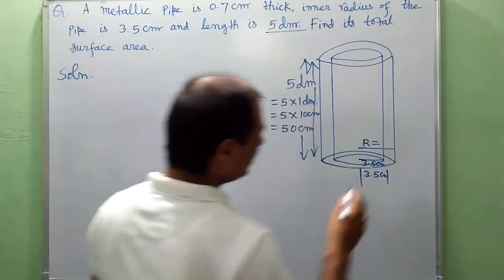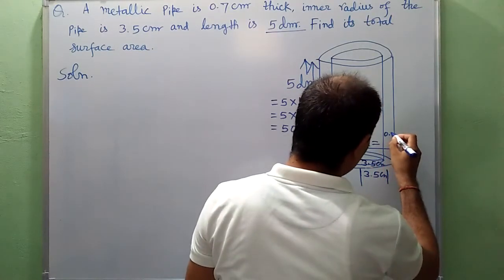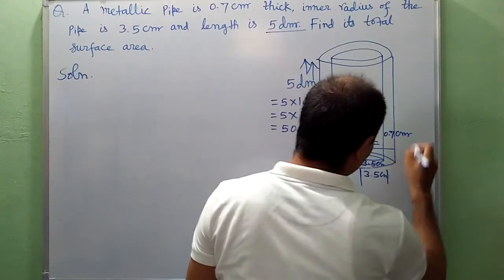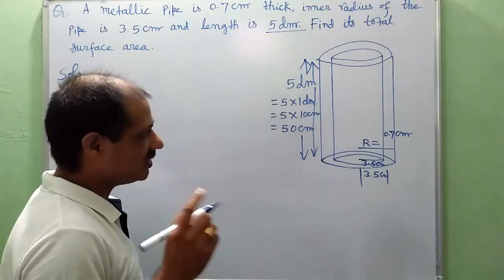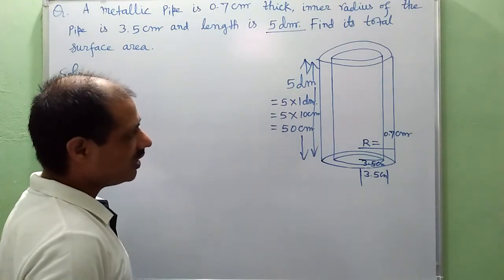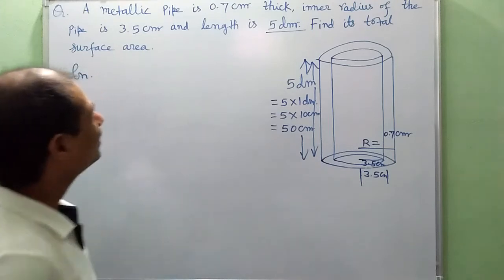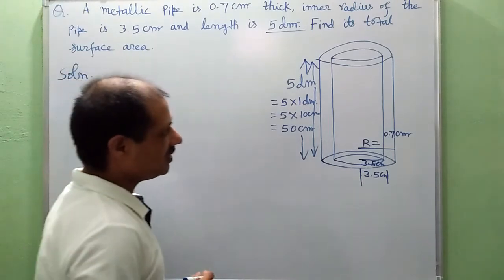And its thickness is 0.7 centimeter. To get its exterior radius, we have to add this thickness to the interior radius.